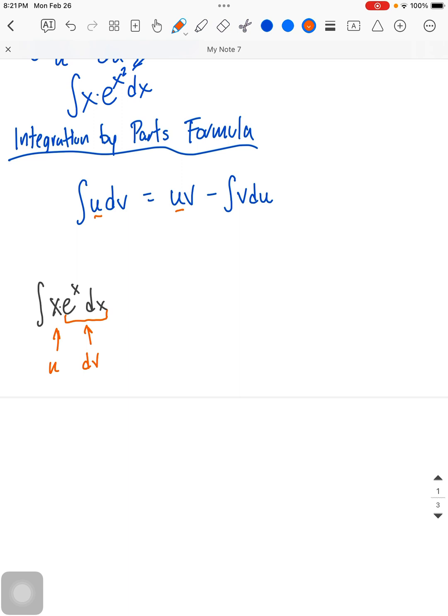And dv here is kind of the other part of the left side of this. And I suggest when you set these up that you try to stay organized, but I'm going to set u equal to one of the things and dv equal to the other part.